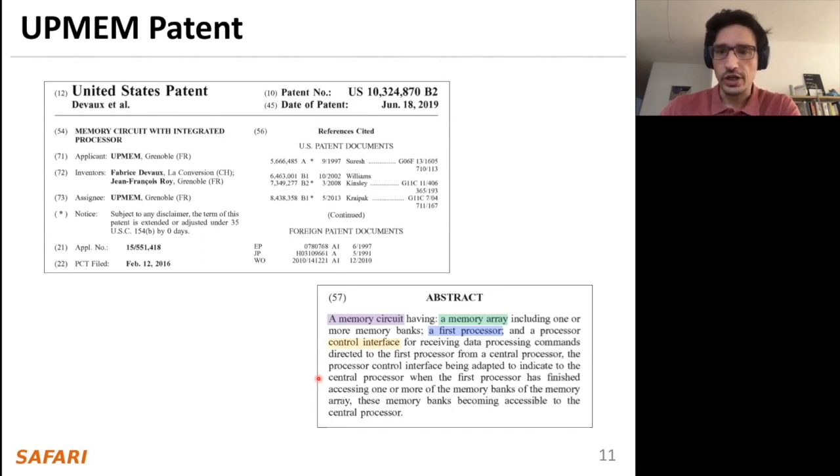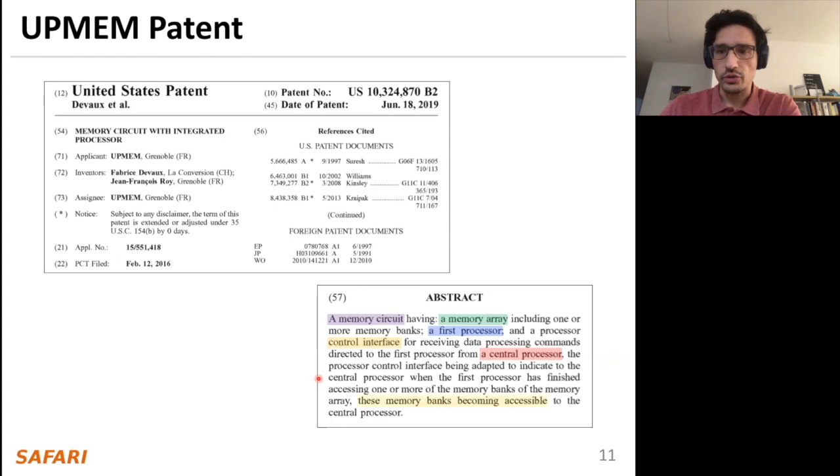It also talks about a control interface, which is the way for the first processor to receive commands from another processor, the central processor, or what we will call the host, which is usually a CPU, but could potentially be a GPU as well, or maybe another type of processor. This central processor sends these commands for execution to the first processor, the DPU.